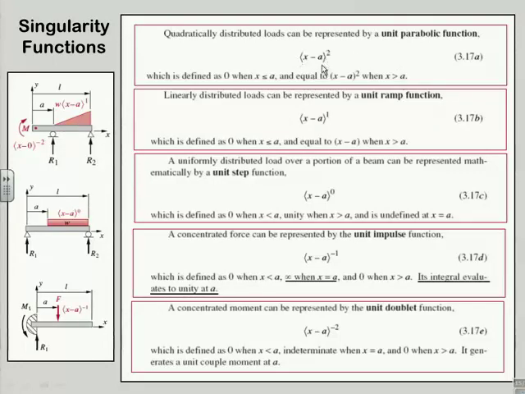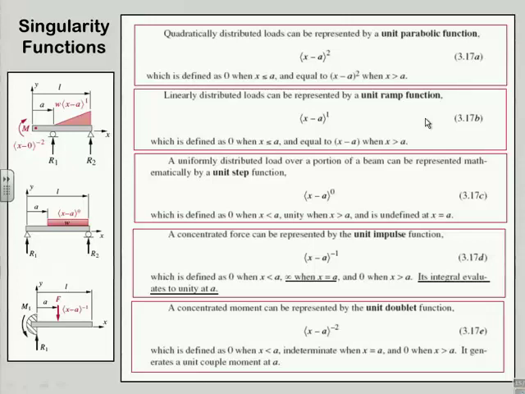Now that looks like just a parenthesis to the power, but it's something else. These brackets denote this being a singularity function, and by that is meant what you see in text right below that. This function, because of the brackets, is 0 when x is less than or equal to a, and it's equal to x minus a squared when x is greater than a.